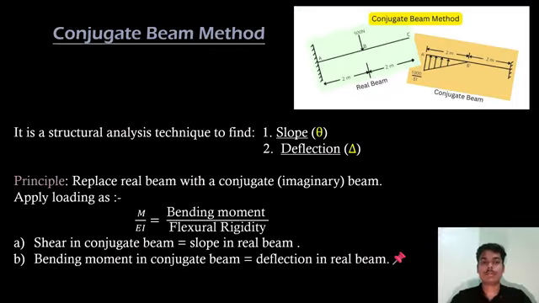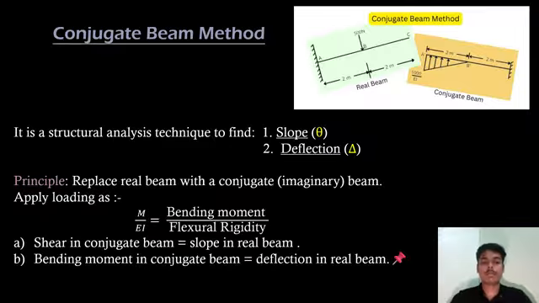Now, what is the conjugate beam method? It is a structural analysis technique to determine the slope and deflection in a beam. The principle states that it replaces the real beam with a conjugate, which means an imaginary beam, with applied loading as M divided by EI, where E and I are constant, which is the ratio of bending moment and flexural rigidity.